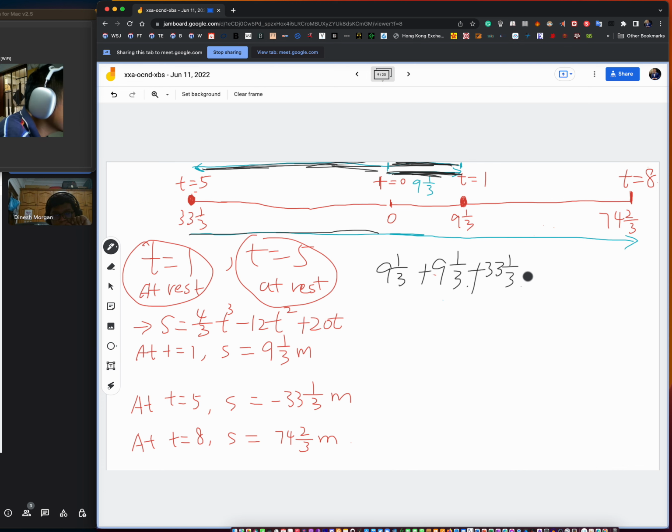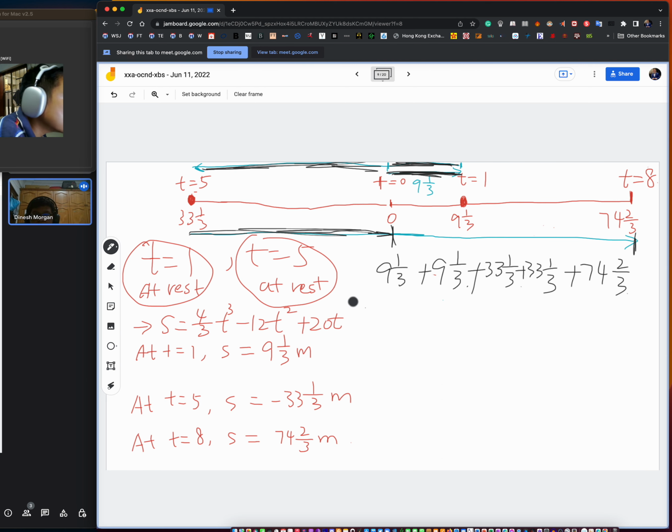And from here to here is another 74 and 2/3. This is the total distance. Am I right? So what is the final answer? Help me out.